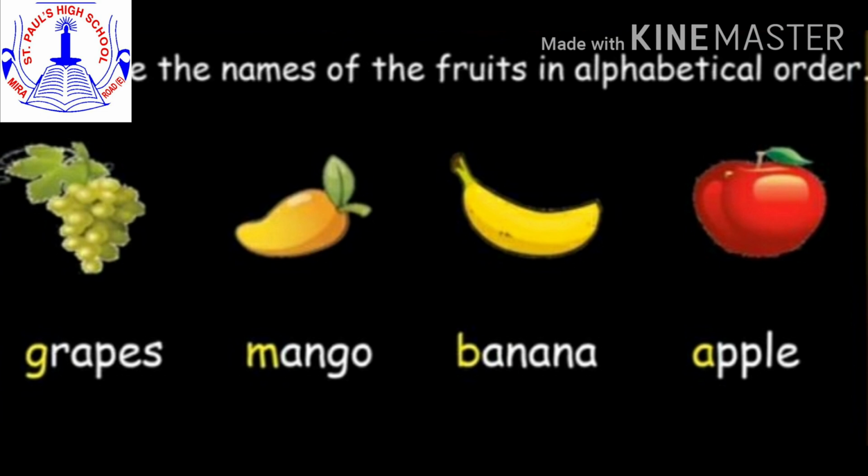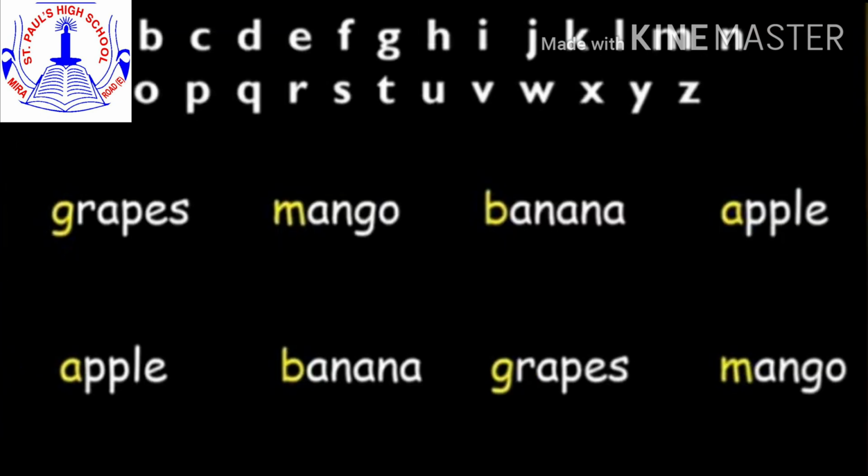Now look at these pictures of fruits. We have to arrange the names of the fruits in alphabetical order. Again, to make it easy for you, I have colored the first letter of the fruits in yellow. The first letter of the English alphabet is A. Can you see any word with letter A in the list?